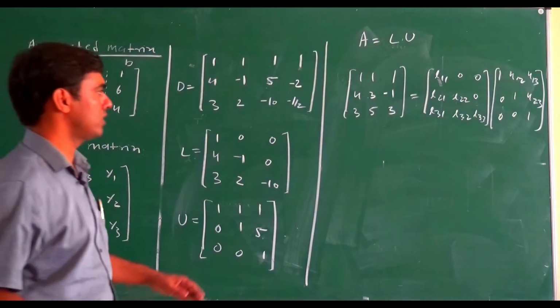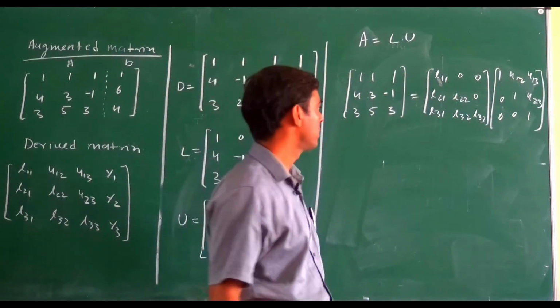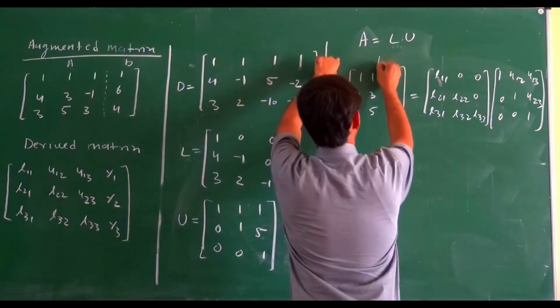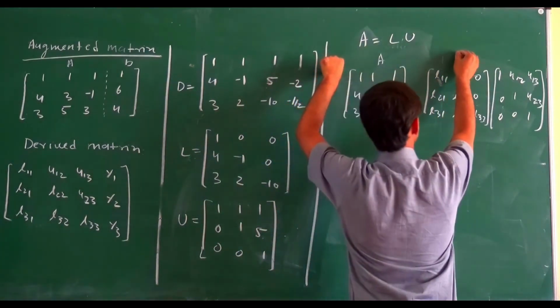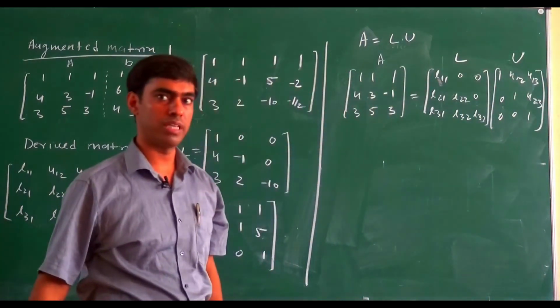By multiplying these two matrices and comparing with the matrix A, this one is the lower triangular matrix and this is the upper triangular matrix.